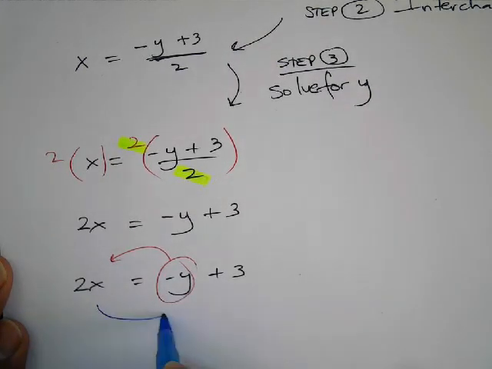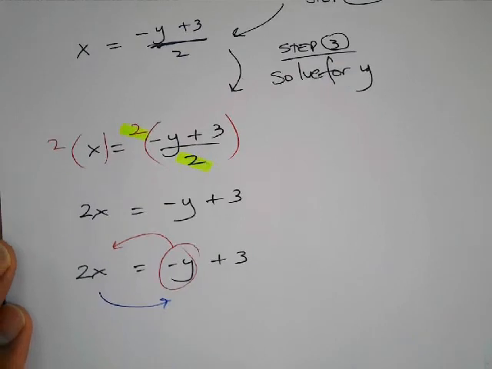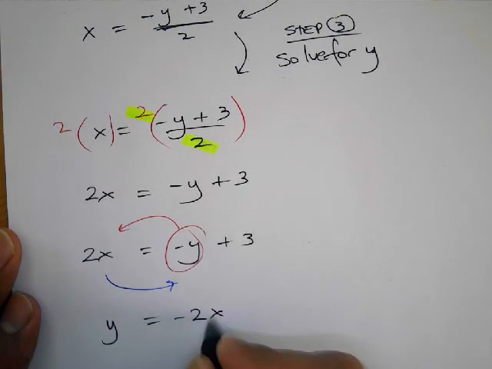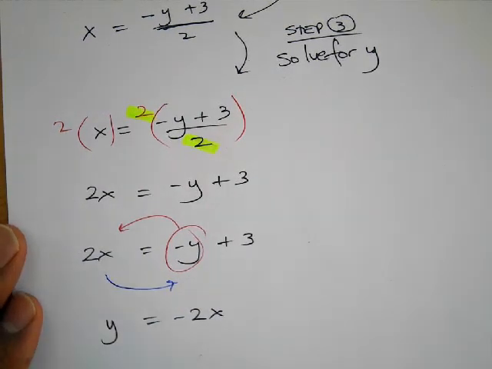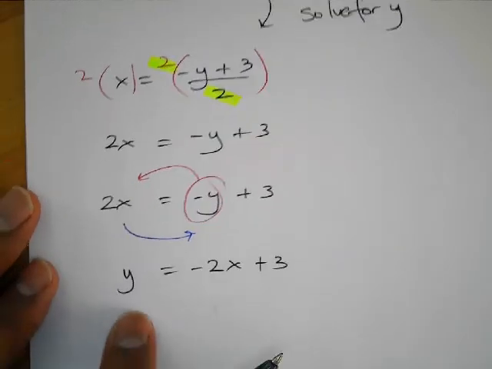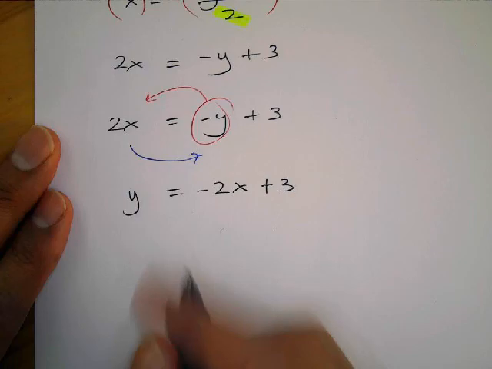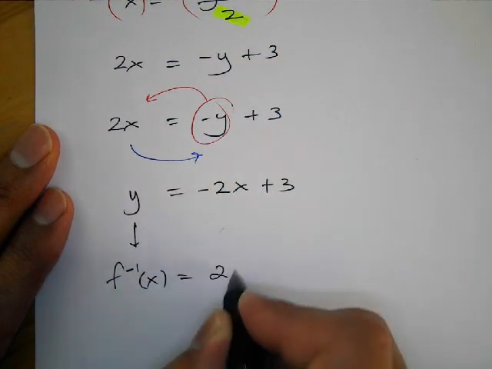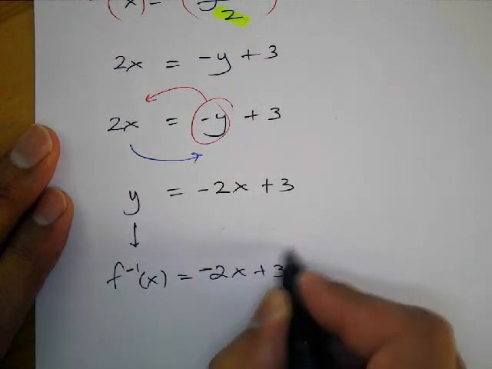Why don't I move it over to that side so that the y is isolated and positive on that side, and then I throw that to the other side. So when I move this over, that'll be positive y equals, and then when I move that over, it's going to be negative 2x plus 3. Okay, that's it. This new y that you solved for is your inverse.